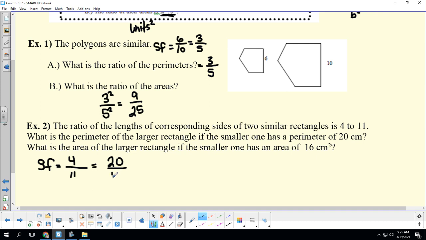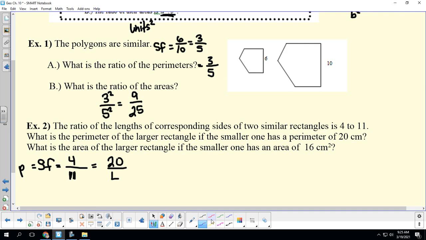So we'll call this L. The scale factor and the perimeter have the same ratio. They're both 4 to 11. And it says that the smaller one has a perimeter of 20. We want to find the perimeter of the large.